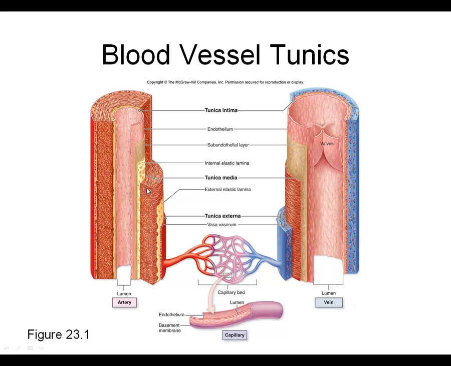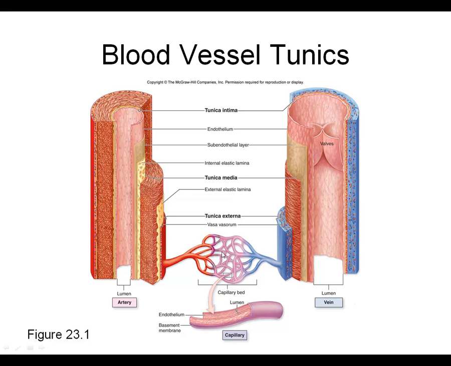I mean, these are smooth muscle fibers, and they're not going to feed from the blood they're carrying, but they're going to feed from the blood capillaries and teeny little blood vessels that are embedded in the tunica externa. These tiny little blood vessels have a name, and we call them the vasa vasorum, the blood vessel that feeds the blood vessel.